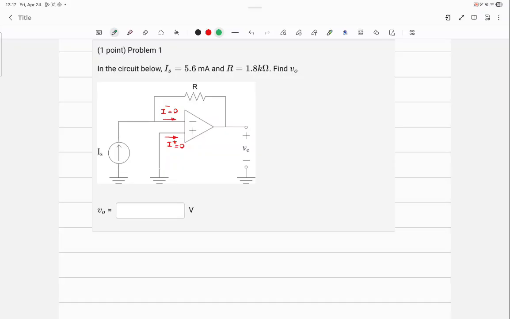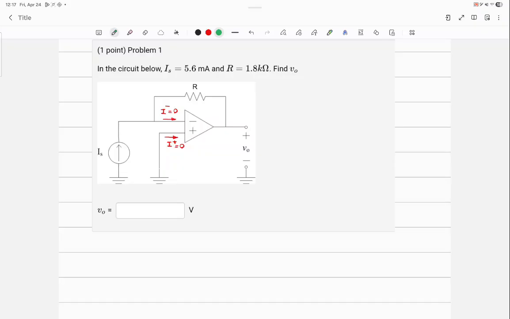So is there any of these two voltages, V positive and V negative, that you know for sure? Between V positive and V negative, is there one of them that you know for sure the value for?